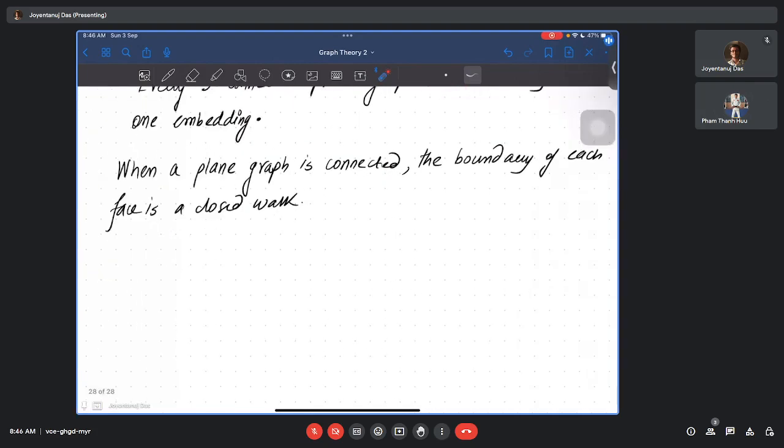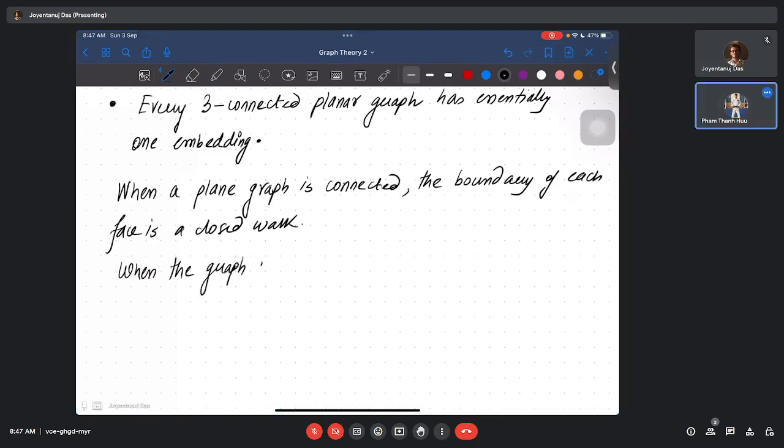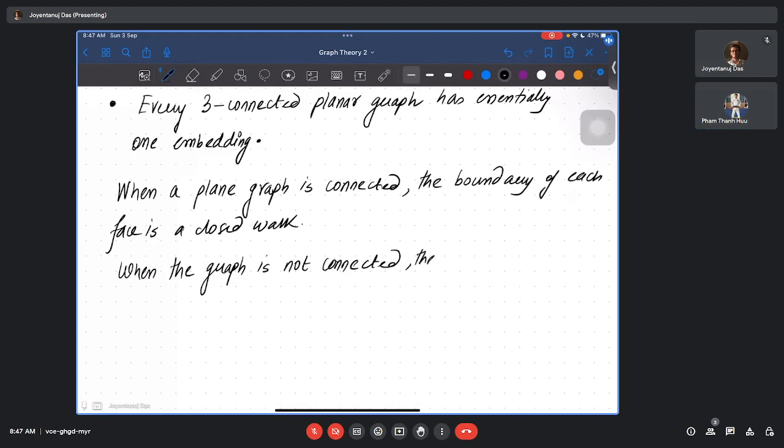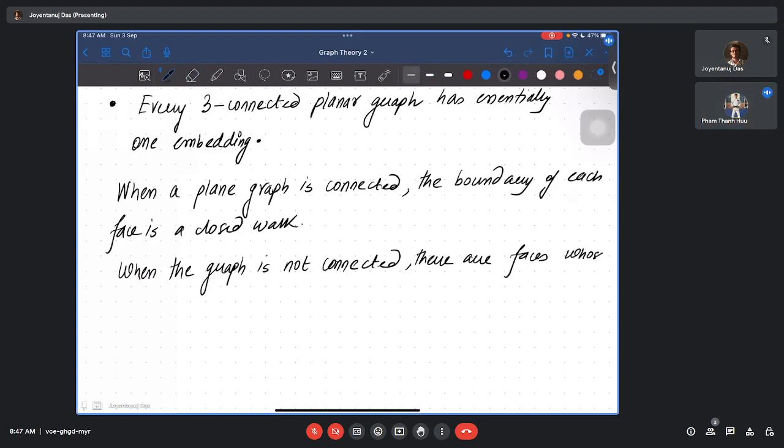And when the graph is not connected, there are faces whose boundary consists of more than one closed walk.